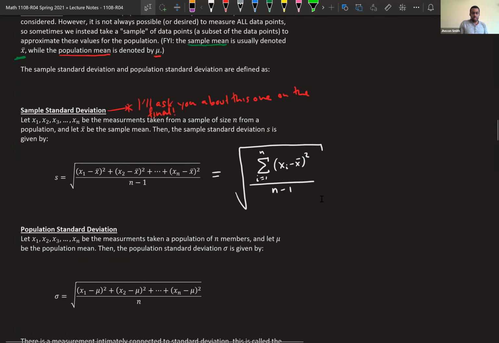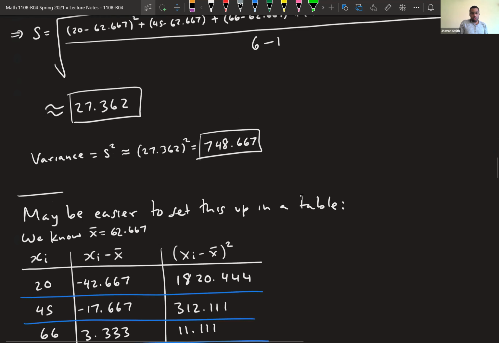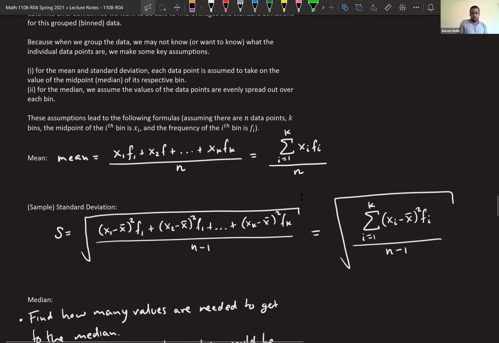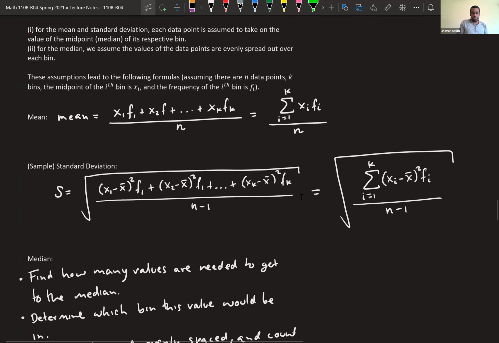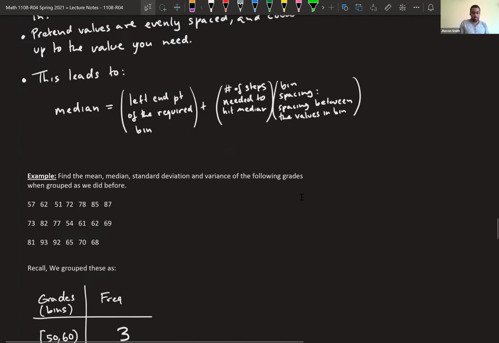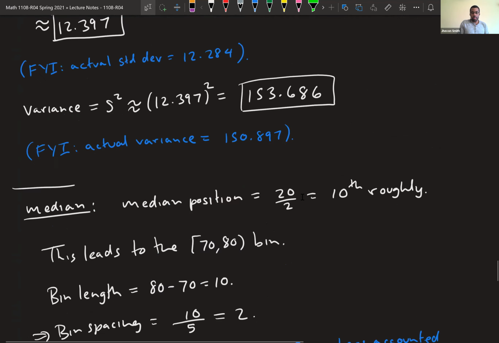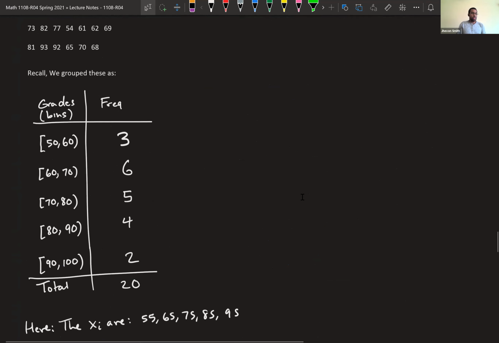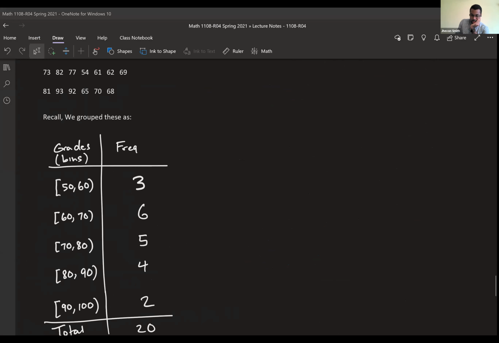Standard deviation is given by this formula. For grouped data, which you can do in a table if you want, these are the formulas you can use. For the median, it's more of a method, not necessarily a formula. So go over the examples and make sure you can do those.